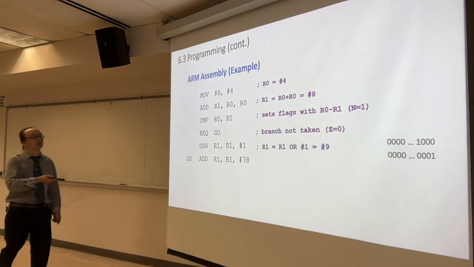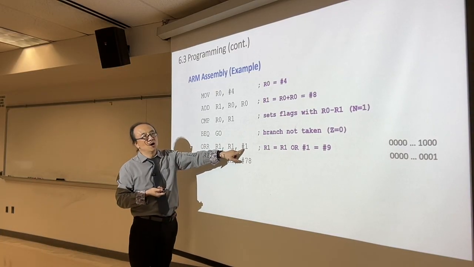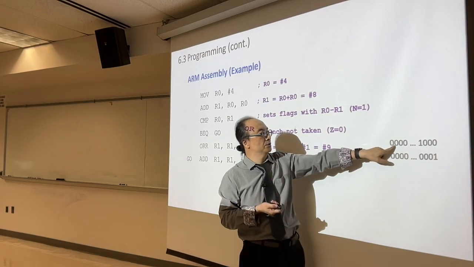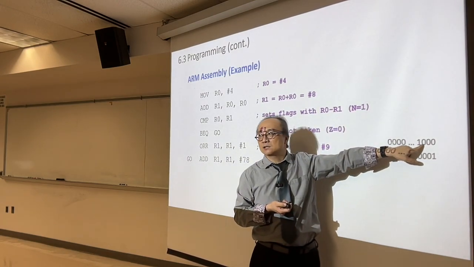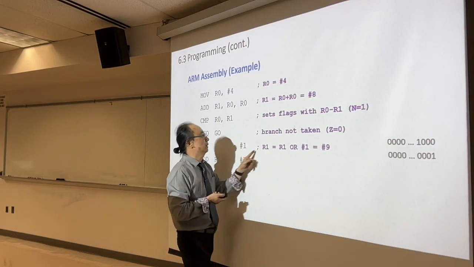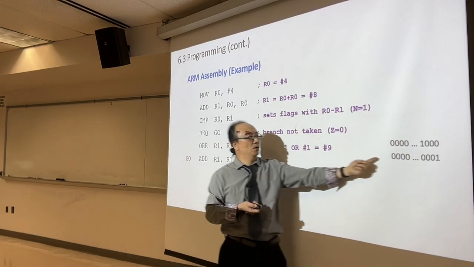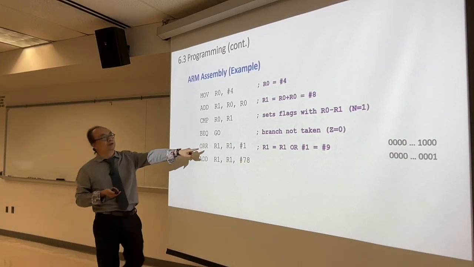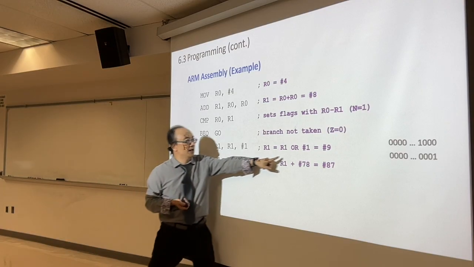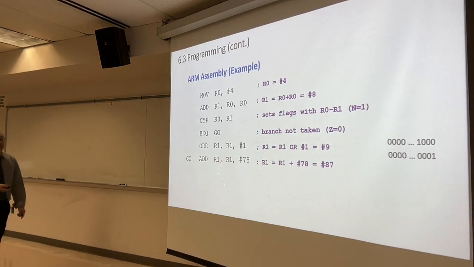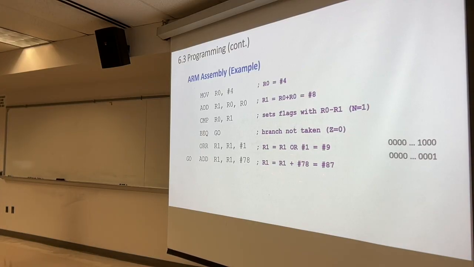And we're going to execute R1 OR 1. So R1, we have 8, which is 0000 all the way down, and the last 4 bits of the binary number are going to be 1000, and decimal number 1 is all 0 and 1, and we're going to OR them. So now our new value is going to be number 9, and then R1 plus 78, put it back to R1. So our new R1 is going to be 87.